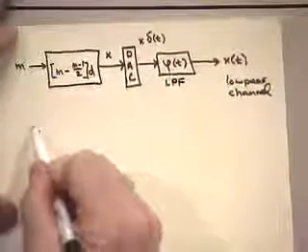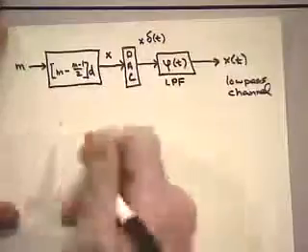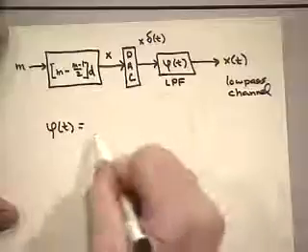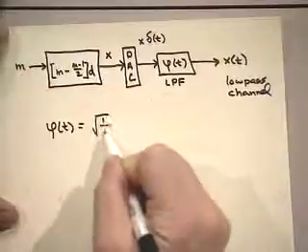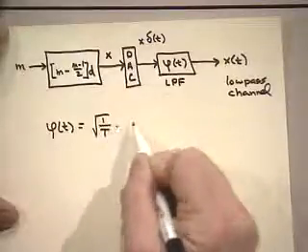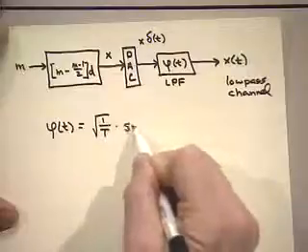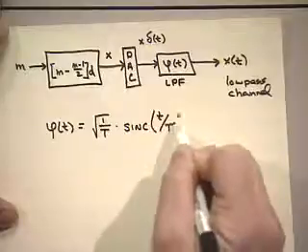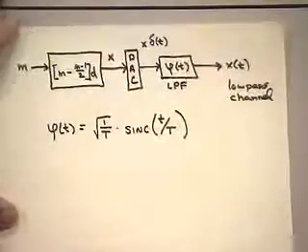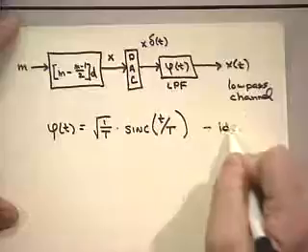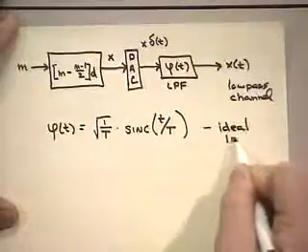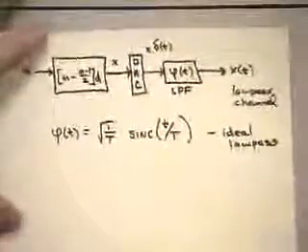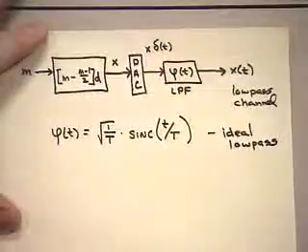Now, what kind of basis function might be typical? Well, a typical one would be phi of t is equal to, to normalize it, I have this factor out front, 1 over square root of T, times the sinc function, t over capital T. Now, some of you may recognize that sinc function, I'll tell you what it is in a second, as corresponding to an ideal low-pass filter.